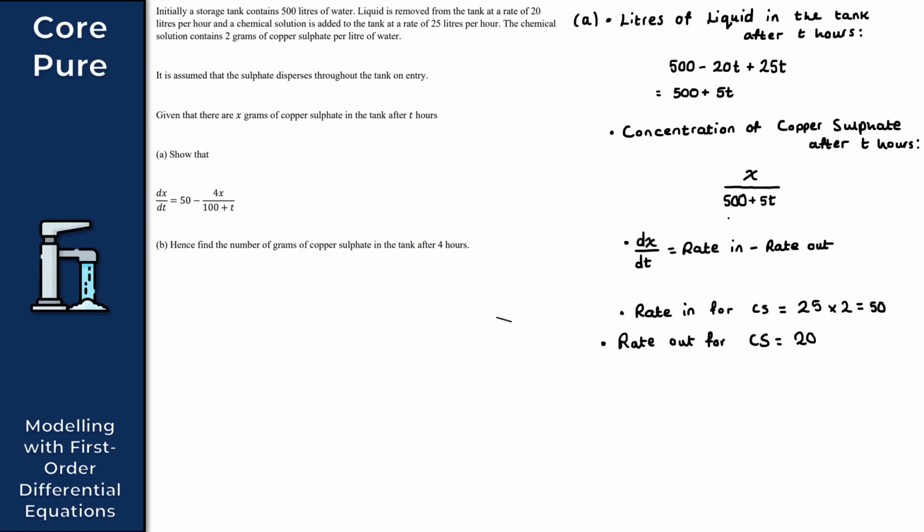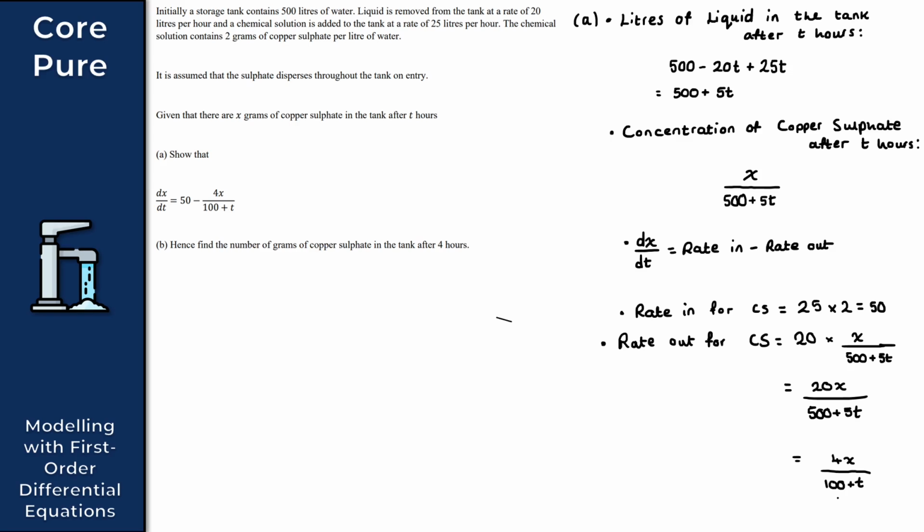So it's going to be 20 times this expression here: 20 times X all over 500 plus 5T. If I simplify this, I get 20x all over 500 plus 5t. Then if I divide top and bottom by 5, I get 4x all over 100 plus t.